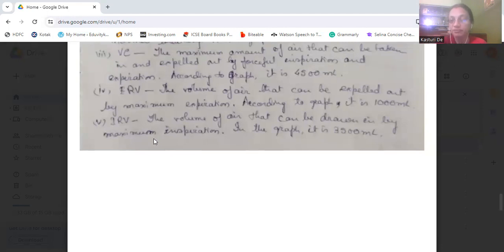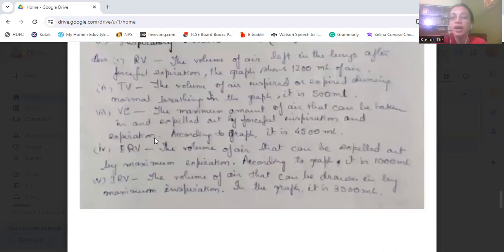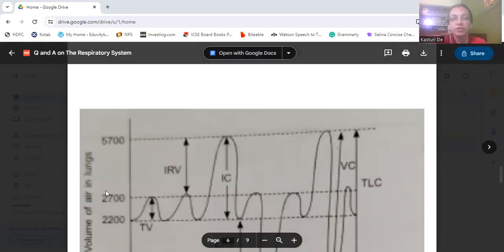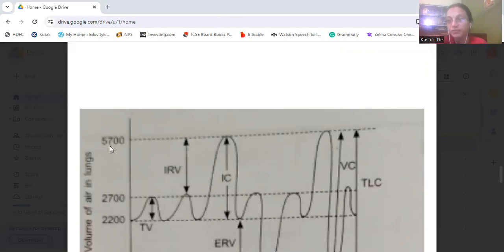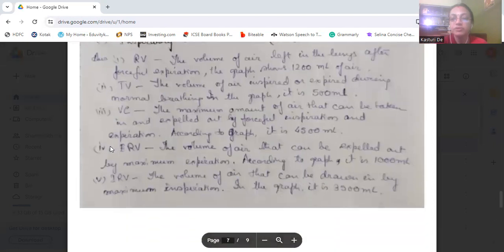According to the graph, it is from 2700 to 5700. That is 3000 ml.